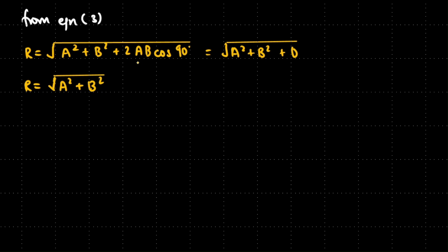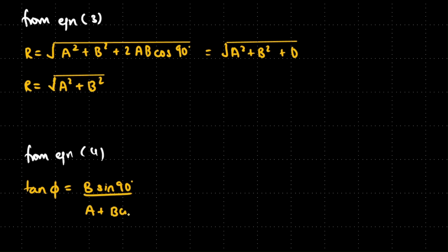So this is for the 90-degree case, and also from equation 4 we have tan phi must be equal to B sine theta, which is 90 degrees, divided by A plus B cos theta, which is 90 degrees.